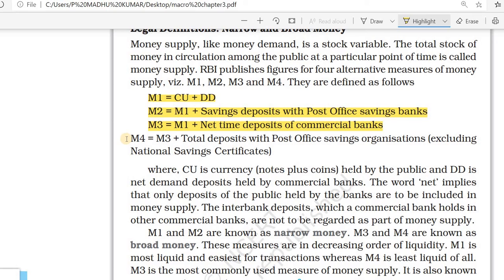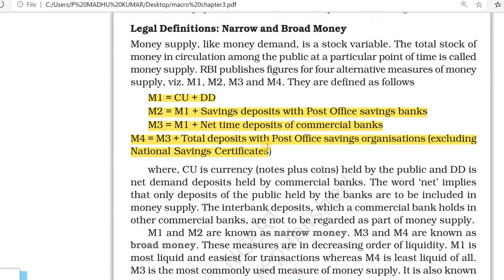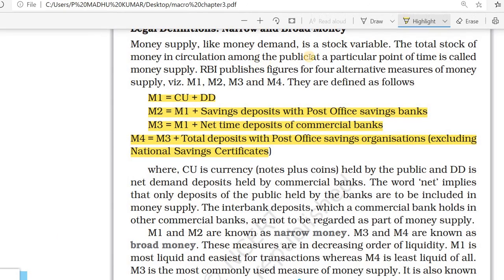Then M4 equals M3 plus total deposit of post office savings organization. We know post office savings, like the National Savings Certificate, are certificates issued by the post office. In M4 we calculate post office savings deposits.